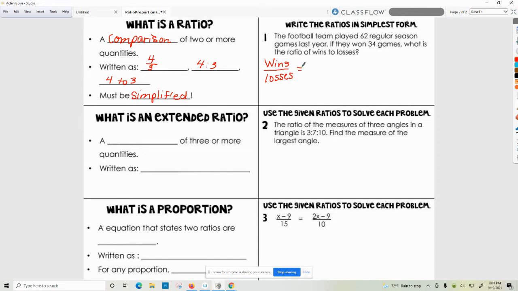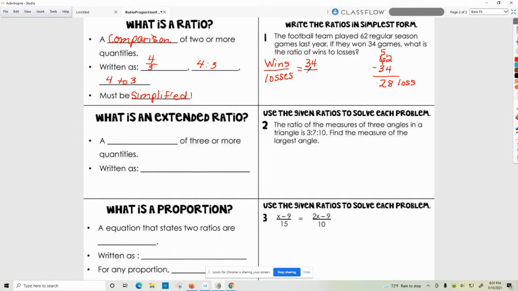From reading the problem, I know that they had 34 wins. Now, how many losses? Well, if they played 62 games and we take away the 34 that they won, then that means that they have lost 28 games.